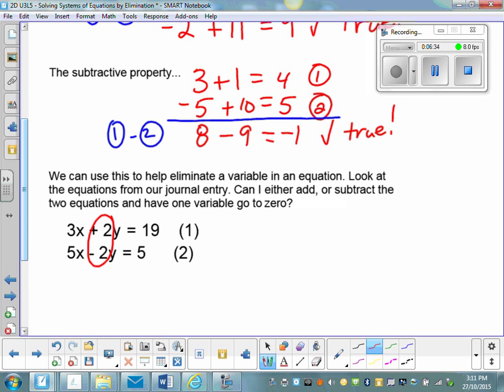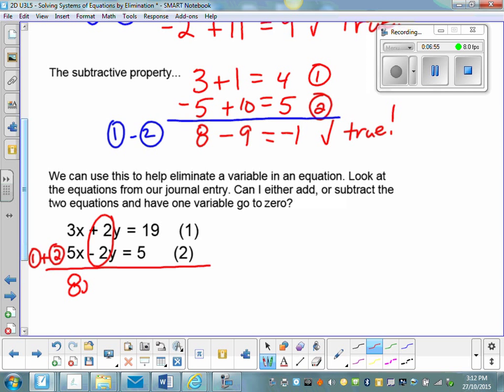And I'm more concerned about the number than the sign. But when they match up like that, I can add or subtract these equations together to eliminate one of the variables. So if I add 2 and negative 2, that's going to give me 0. So I'm going to add these two equations and watch what happens.